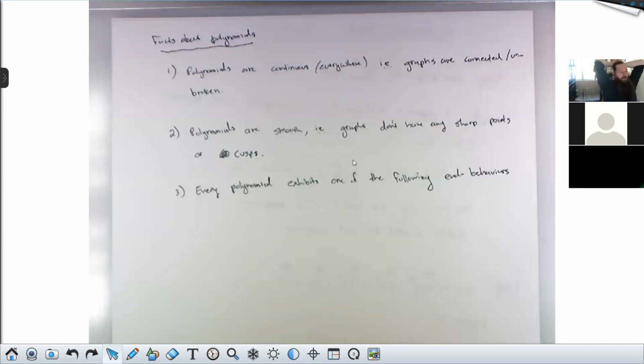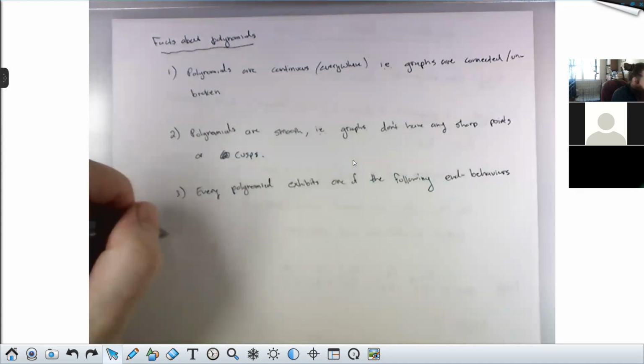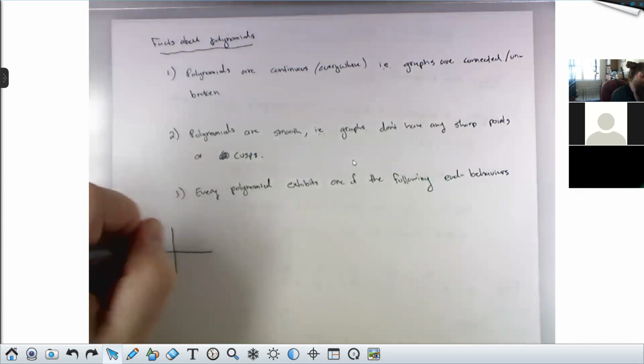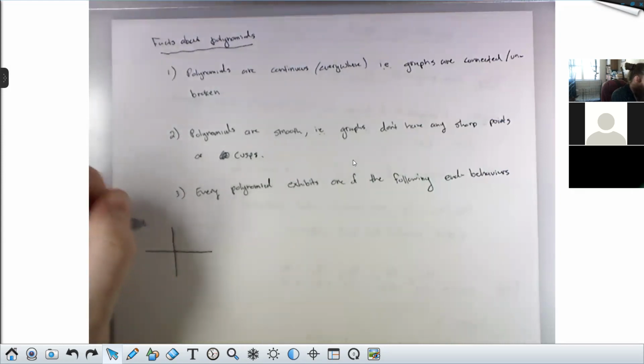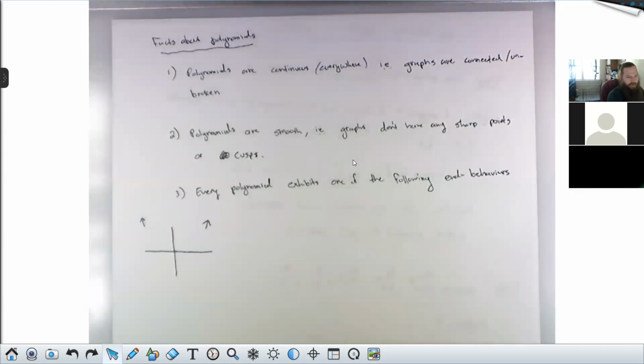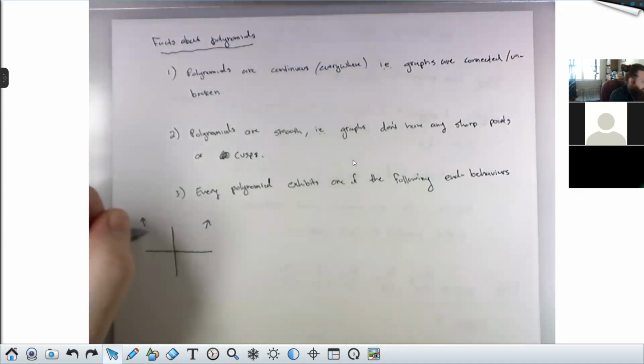So in other words, polynomials don't have any horizontal asymptotes or vertical asymptotes, if you've heard those terms before. They exhibit a particular kind of end behavior. So it's possible for a polynomial, something like x squared, to have end behavior like this.